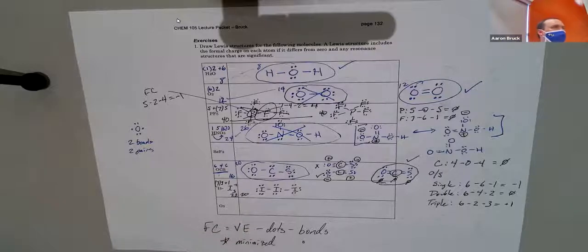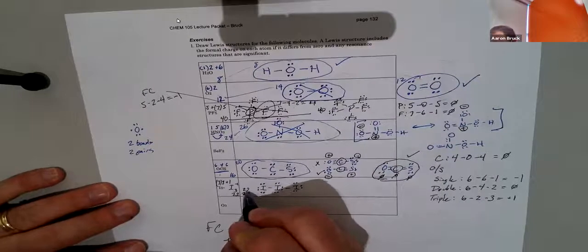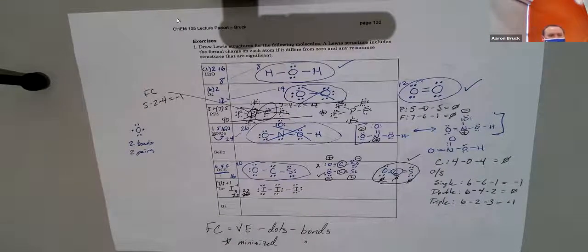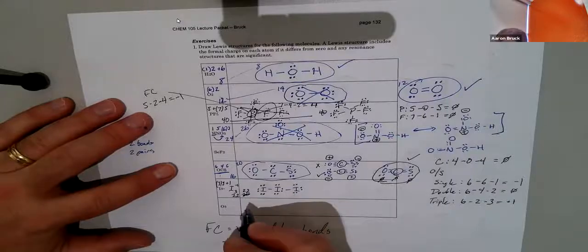Where you put them doesn't really matter too much at this point. We're not really interested in shape or structure. We're just interested in making sure that we've got all the electrons in the right place. So now I've got 22 electrons. It matches up.